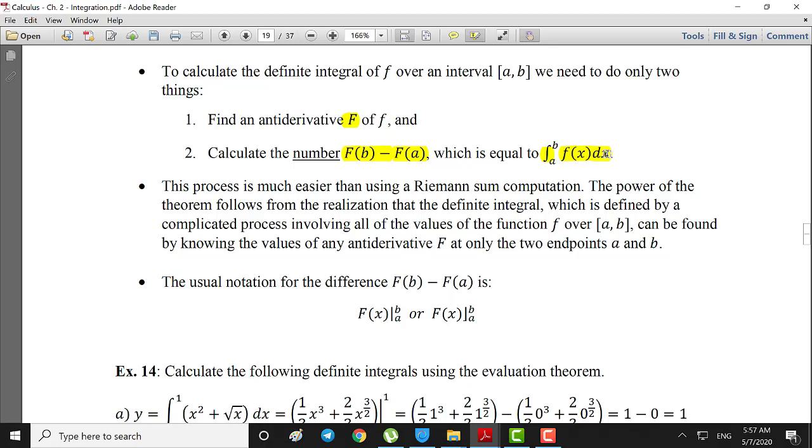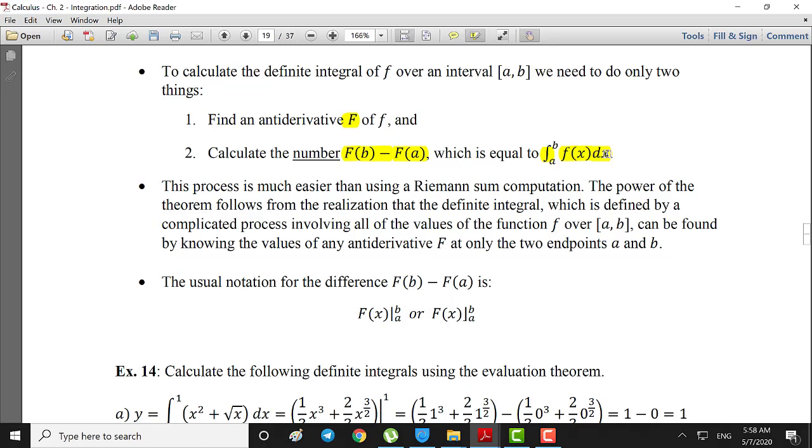Now, this process is much easier than using a Riemann sum computation. The power of the theorem follows from the realization that the definite integral, which is defined by a complicated process involving all of the values of the function f over the interval from a to b, can be found by knowing the values of any antiderivative of f at only the two endpoints a and b, right?